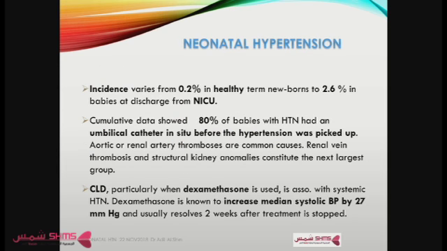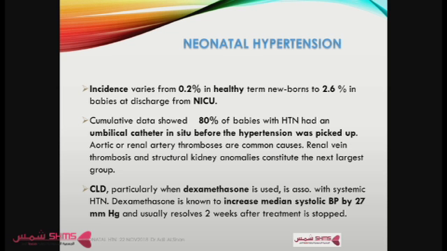Neonatal hypertension incidence, as we said, from different sources, is as low as 0.2, 0.6, 0.8, up to 2.6 to 3%. Cumulative data showed about 80% of babies with hypertension had an umbilical catheter inside, which plays a role in aortic or renal artery thrombosis, common causes. Renal vein thrombosis and structural kidney anomalies constitute the next largest group.